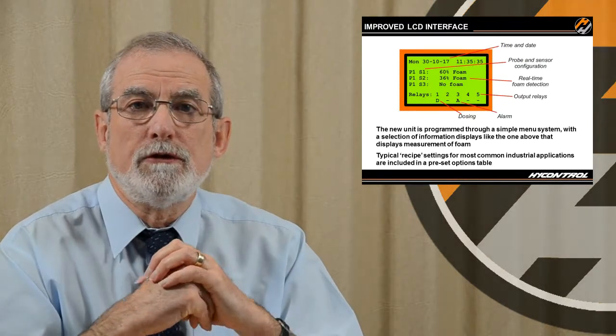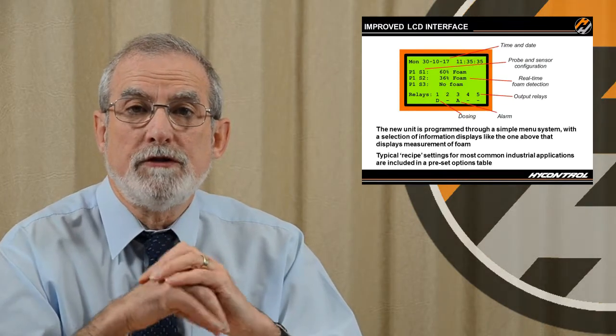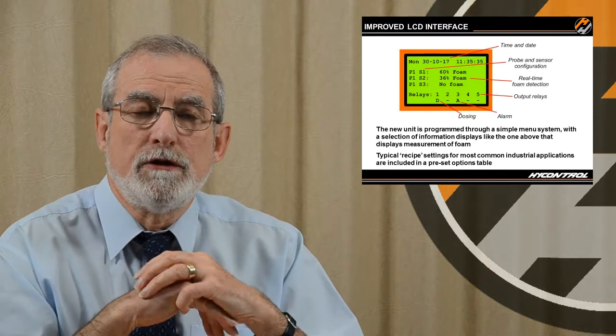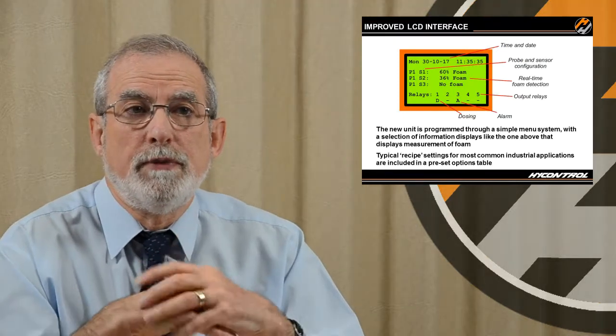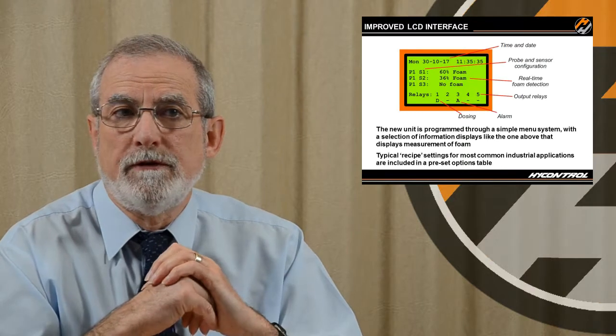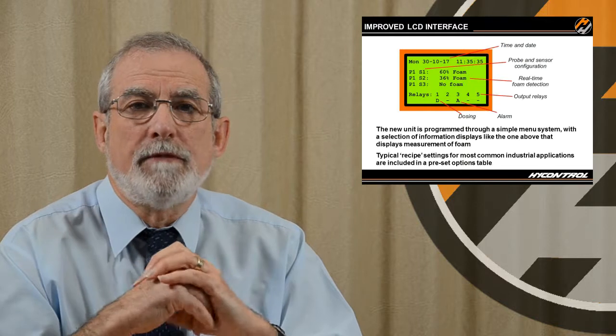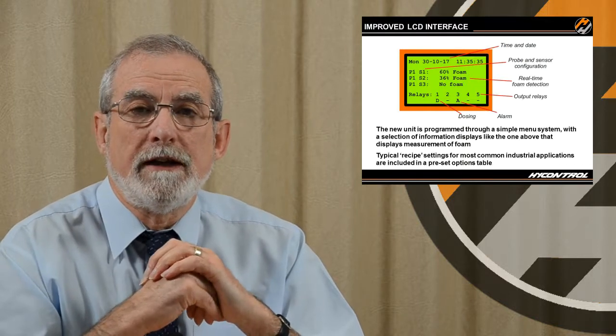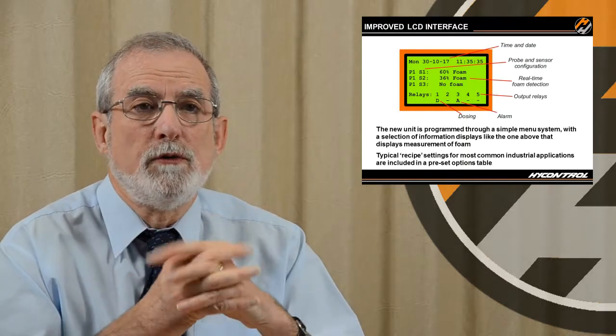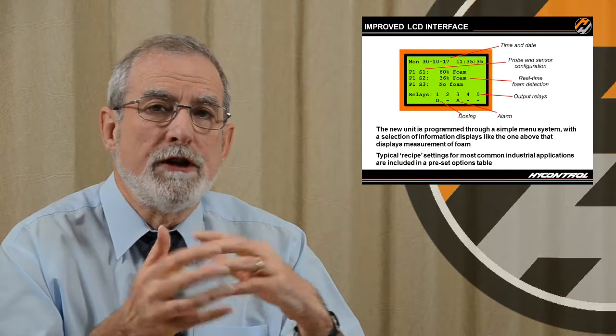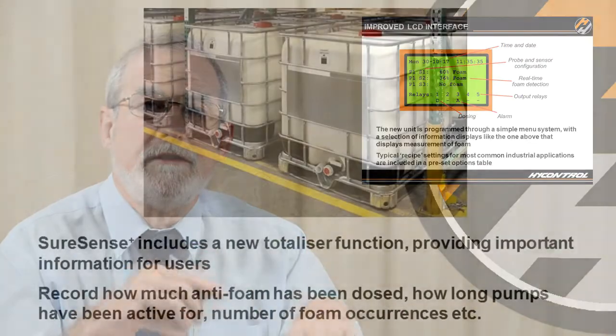You could choose a recipe for fermentation, for food production, or for effluent treatment, and that will set up the controller and get you going. You could then change it if you want to, add things to it, or change configurations or sensitivities.